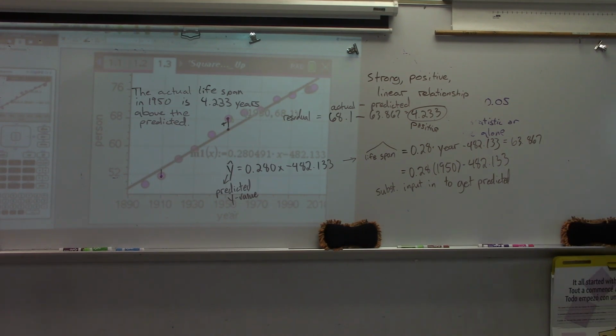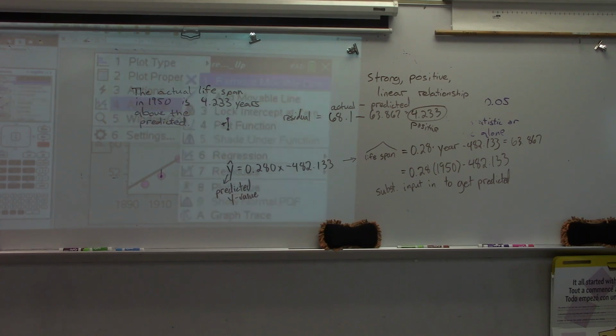Okay, I need you to pay attention to this. A least squares regression line is found how? We didn't actually show the residual squares yet. We need to follow the directions on the sheet. At the very top of this back page, it says from the menu options, choose Analyze, then Residuals, and then Show Residual Squares.